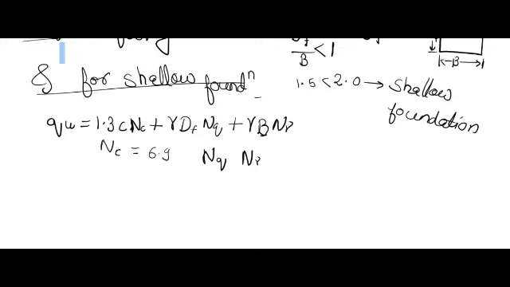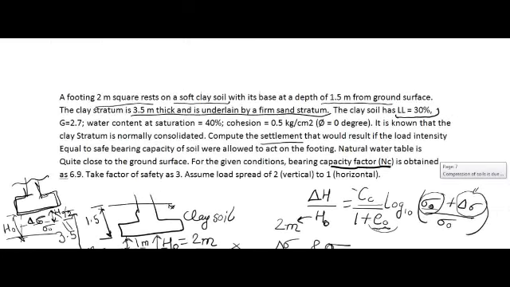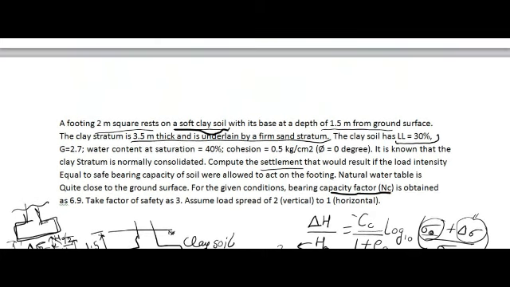In the problem it is given that it is a clay soil. This one hint is given. This is a very interesting one because many things you have to find out by yourself. Since it is soft clay soil, for clay soil only cohesion is present, and the angle of internal shear resistance phi is 0.